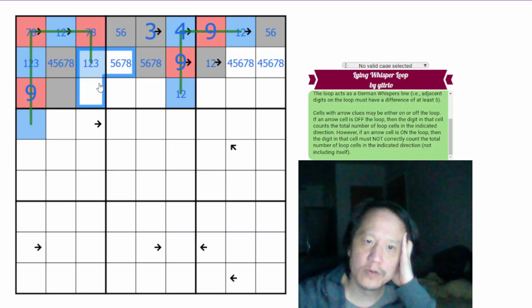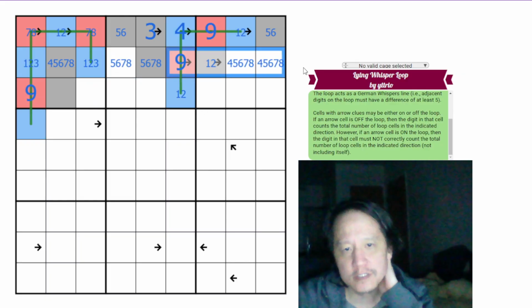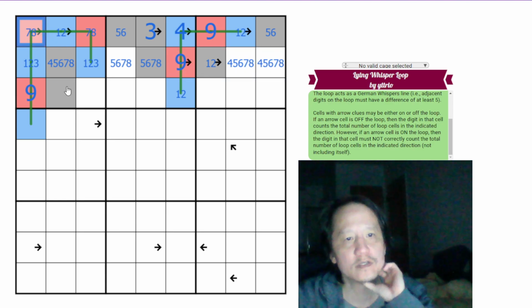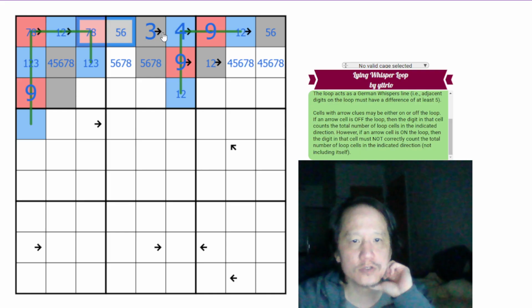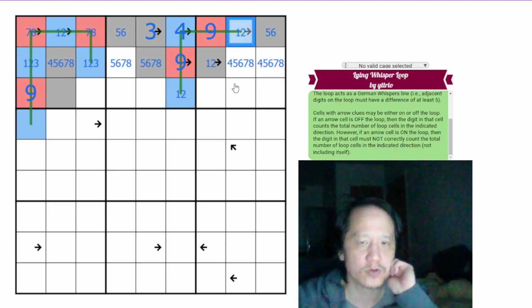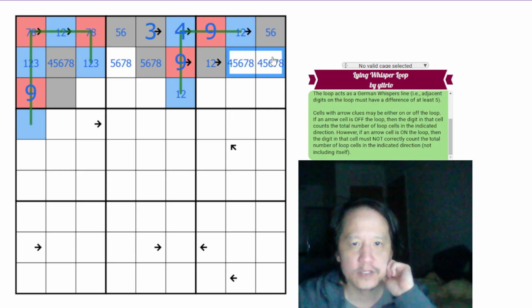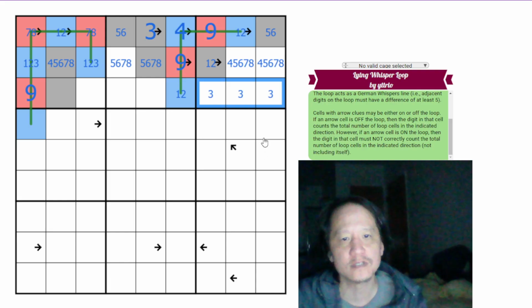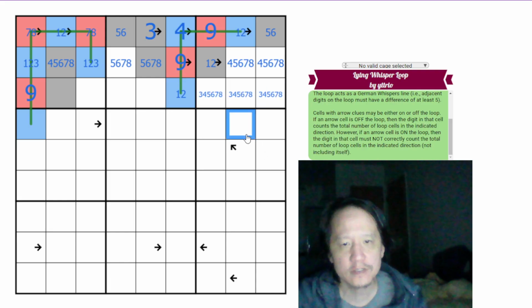This one could go either way here. So this is 1 or 2. This is 9, which is not the correct value of those on the loop, which is fine. This has 1, 2, 3, 4, 5, so this is fine. This is 1, 2, 3, 4, which is fine. This is 0, which is fine here. This is 1 or 2 again. We don't know which. So this is 3, 4, 5, 6, 7, 8.